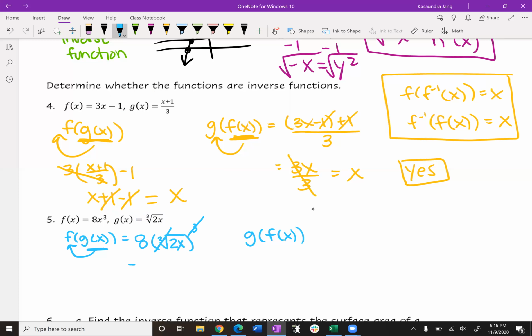All right, looking good. I've got 8 times 2x left. 8 times 2 is 16. I got a 16x. This was supposed to equal just plain x, like a 1x. This one equals 16x. So no, I don't even have to look at the other one. It would have to make both of these true, and I just found one of them that is not true. So for that reason, no, these are not inverse functions.